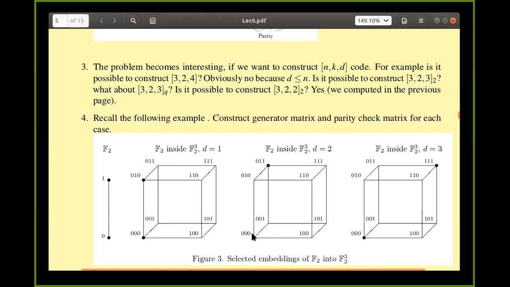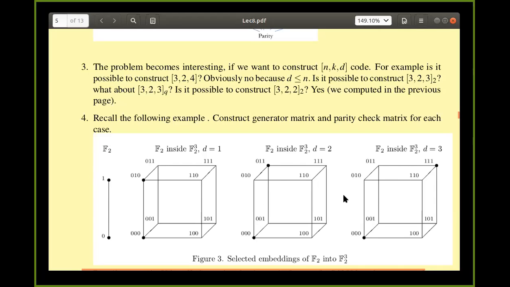On 0, 0, 0, if one change happens, a weight 1 vector will come. On 0, 1, 1, if one error comes, either a weight 3 or a weight 1 vector will come. But I can detect it, right? I can detect, but I cannot correct now. But now if you take 1, 1, 1, I can not only detect but also correct.